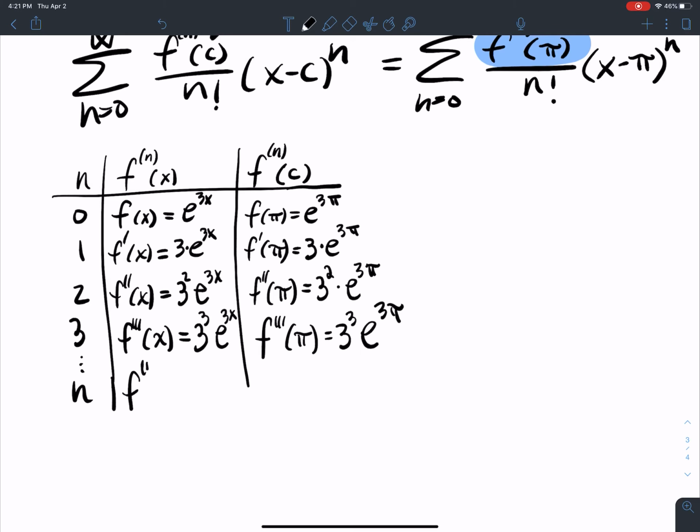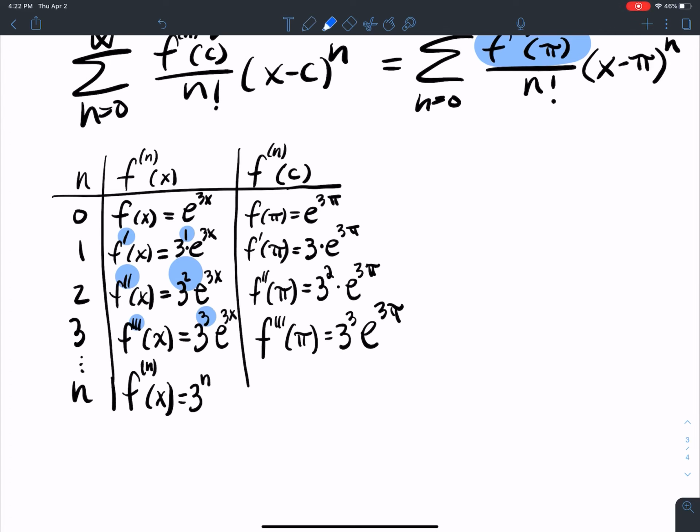So if I'm going to do the nth derivative, what do I notice here? The third derivative gives me an exponent of 3, the second derivative gives me an exponent of 2, and the first derivative gives me an exponent of 1. So I see a pattern developing: it's 3 to the number of derivatives I've taken.